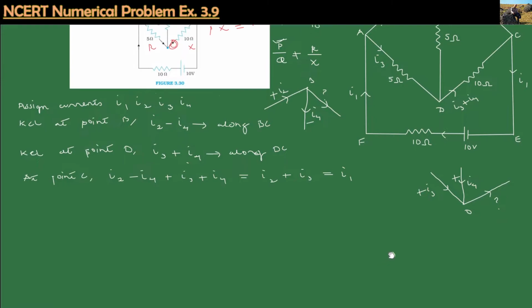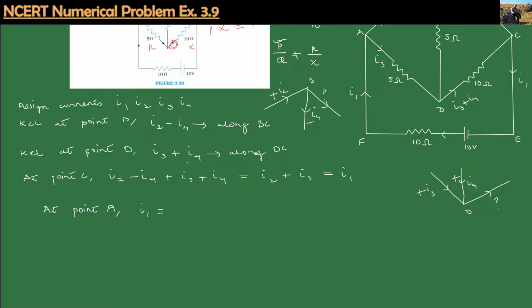So which means that at that point here, the current I1 will be equal to I2 plus I3.